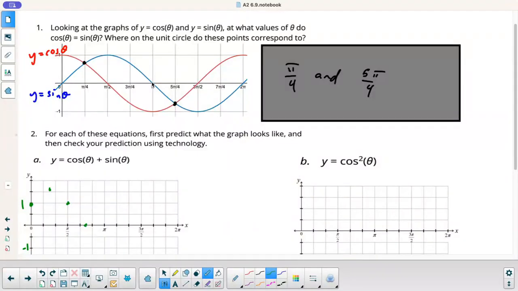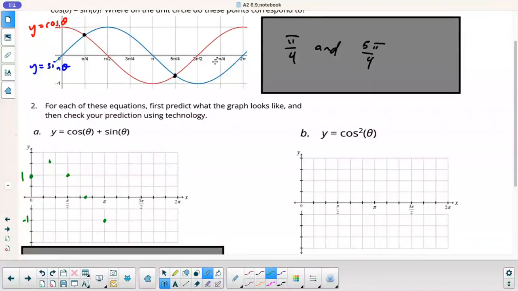Pi is going to be 0 plus negative 1, so that's down here at negative 1. 5 pi over 4 is negative 0.8 plus negative 0.8, so I'm going to say negative 1.6. 3 pi over 2 is 0 plus negative 1, so that's at negative 1. Then 7 pi over 4 is 0.8 plus negative 0.8, so that's at 0. And notice I put it right there, halfway between 3 pi over 2 and 2 pi. And then 2 pi is 1 plus 0, so that would be at 1.